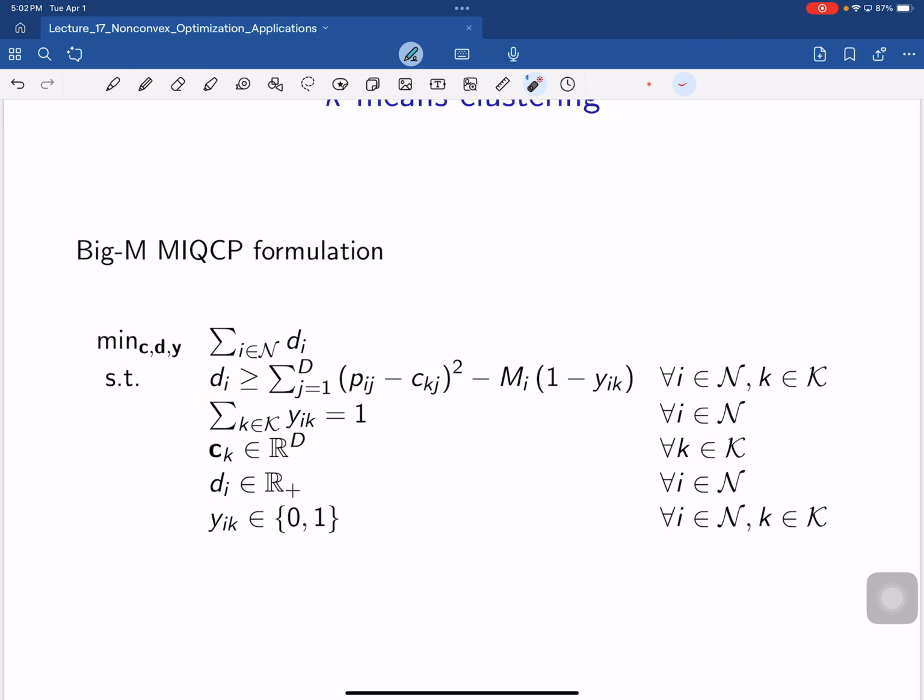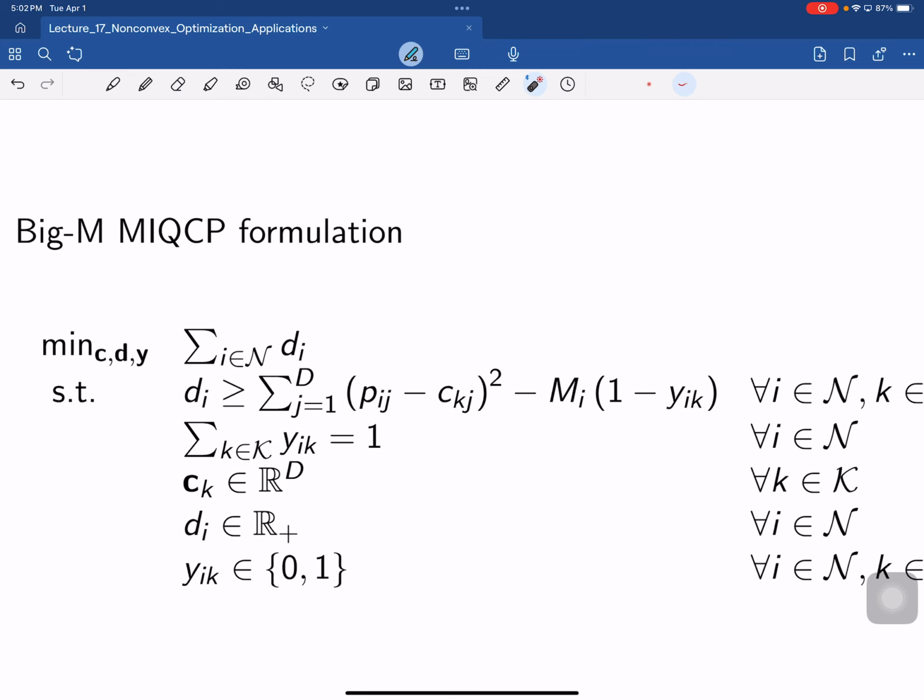So if data point i is assigned to cluster k, this variable goes to 1, and then the big M term is canceled to 0. Then this part of the constraint is activated, saying that d_i should be greater than or equal to the distance calculated based on the center of the k-th cluster. Here c_kj is the j-th coordinate of the k-th cluster center.